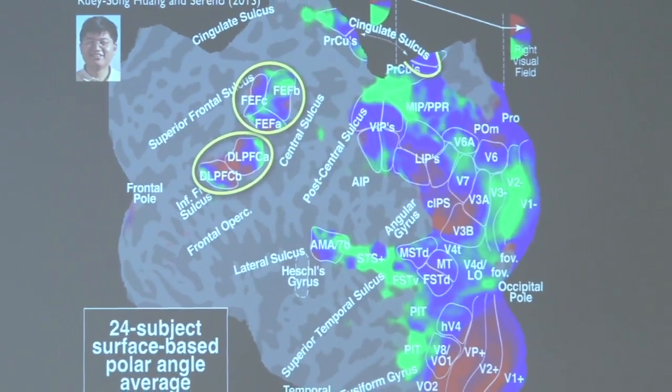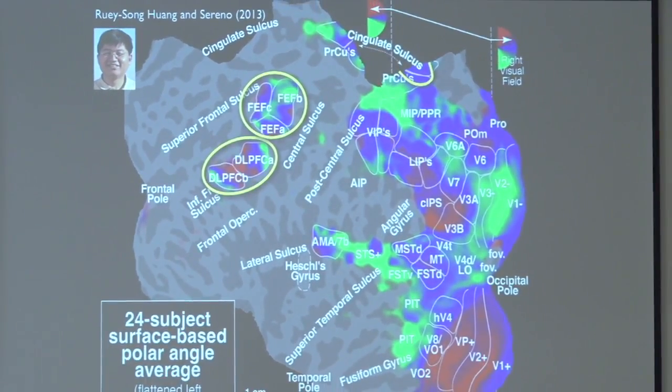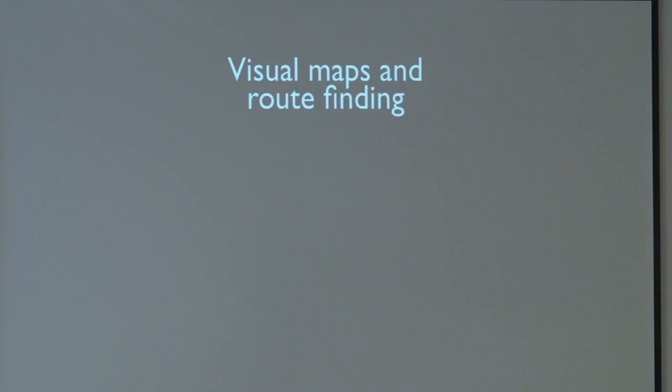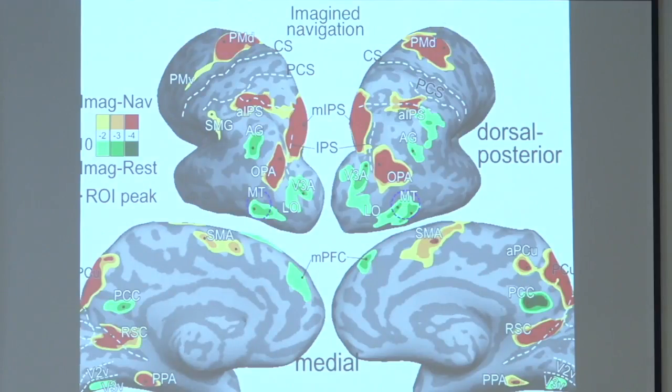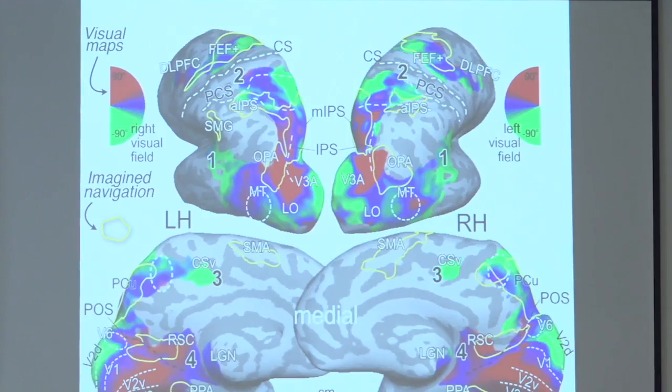So dorsolateral prefrontal cortex is mapped, even the part that doesn't care about location is still mapped. And if you have somebody imagine moving around in a building versus stopping, you see that activation mostly overlies maps. So these maps are involved in something like imagining navigating around.